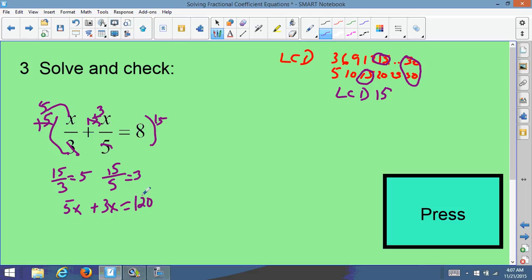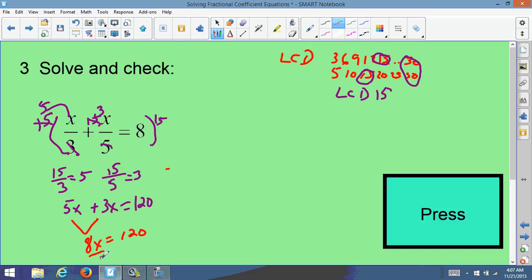So I have to solve this for x. Let's add our like terms. We have 3x plus 5x equals 8x, and that equals 120.